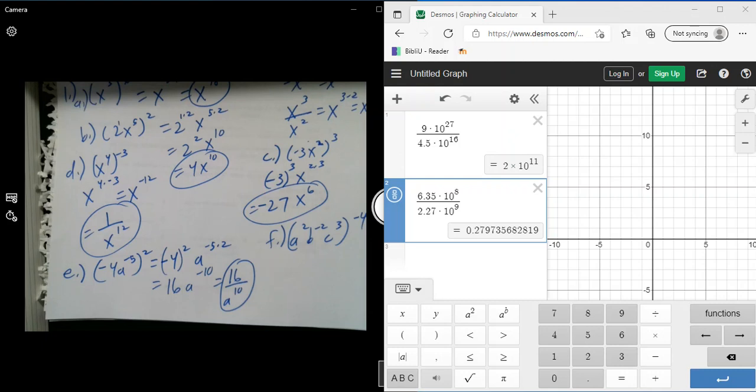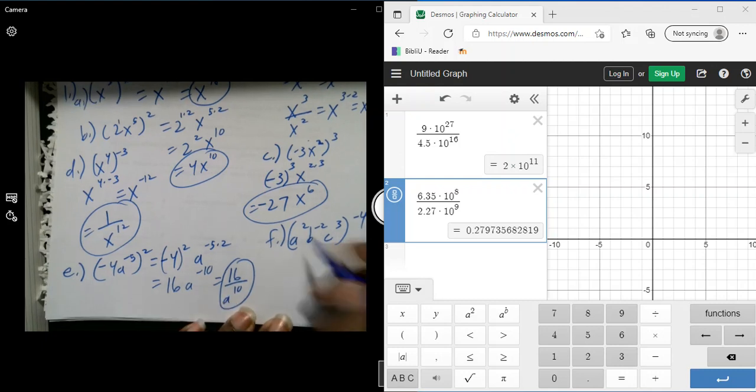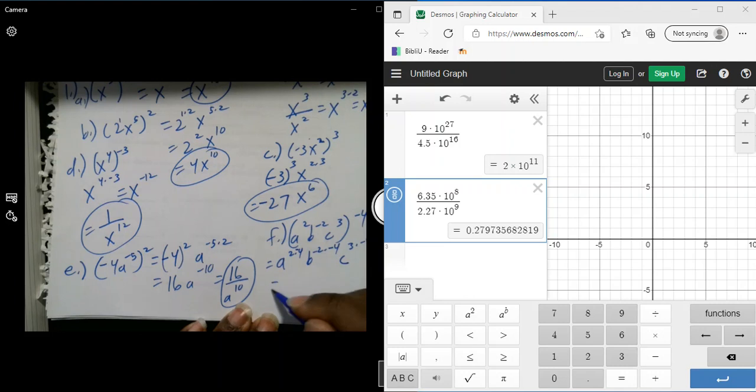Now we'll take these powers to a power. So this would be a to the 2 times negative 4, b to the negative 2 times negative 4. Oh, it's supposed to be negative 4. And then c to the third times negative 4. So this would be a to the negative 8, b to the positive 8, and c to the negative 12.